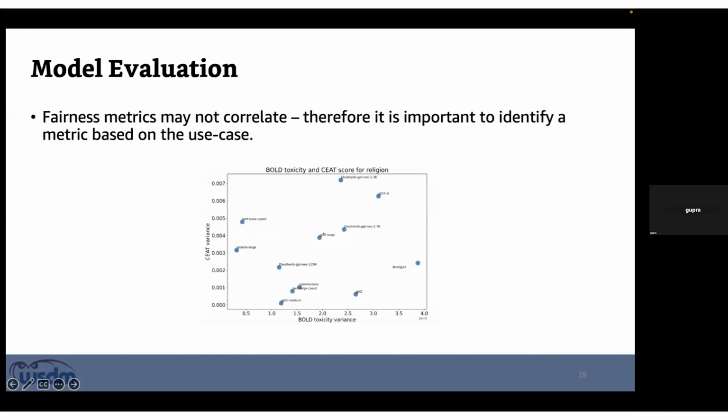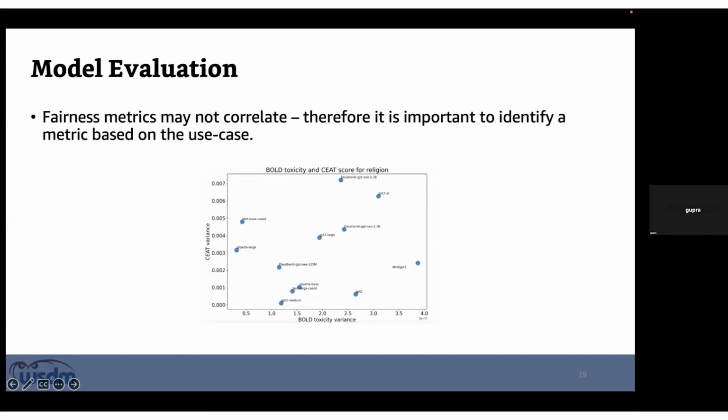And we observed that these metrics don't tend to correlate. Here's just one snapshot from the paper where we looked at the correlation between an intrinsic metric, which is HEAT, computed on word embeddings equivalence in the model, and an extrinsic metric, which is toxicity in some open language generation task. As you can see, this plot is a bit scattered.